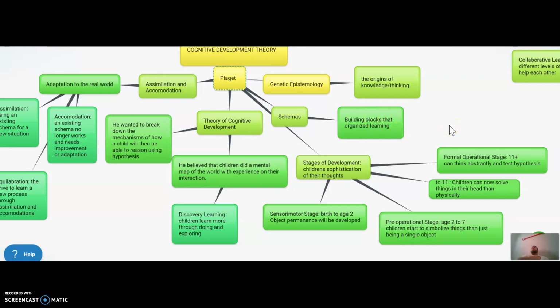So he is referring to schemas as blocks that kids build upon themselves in their life and in their educational path. So once they start building up on them, they start to learn, and the experience that they get will eventually help them out later on in problem solving.